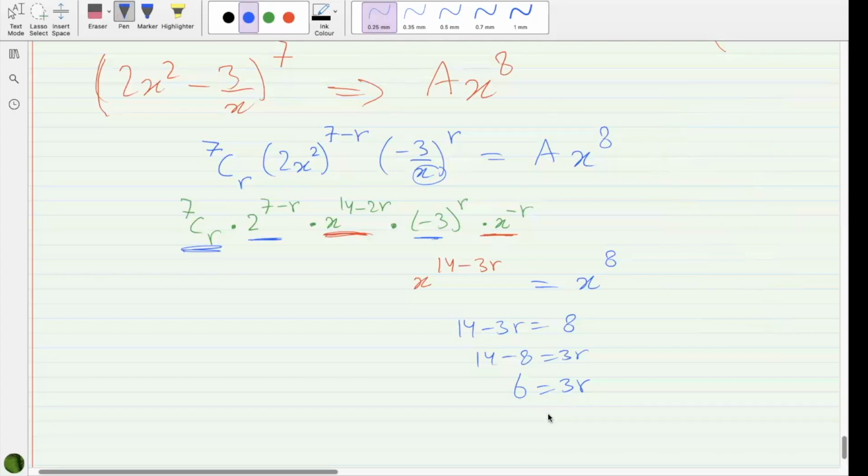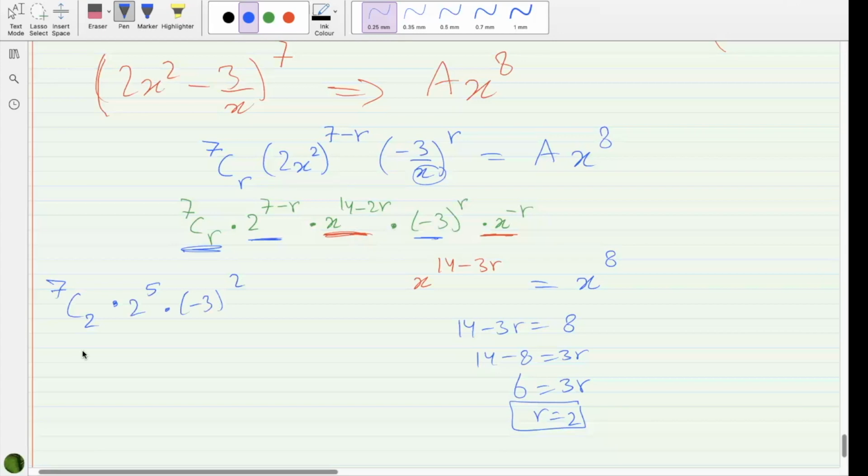So solving for r is equals to 2. We now did it in reverse order. We compared the powers of x and got r = 2. So when r is 2, now we can copy these three terms, which is 7c2 dot 2 raised to power 7 minus 2, which is 5, dot minus 3 raised to power 2.